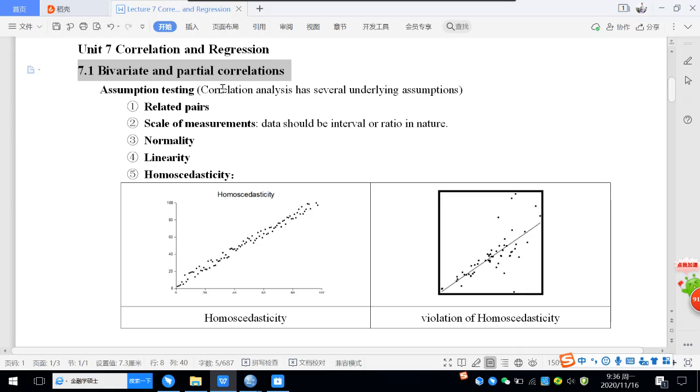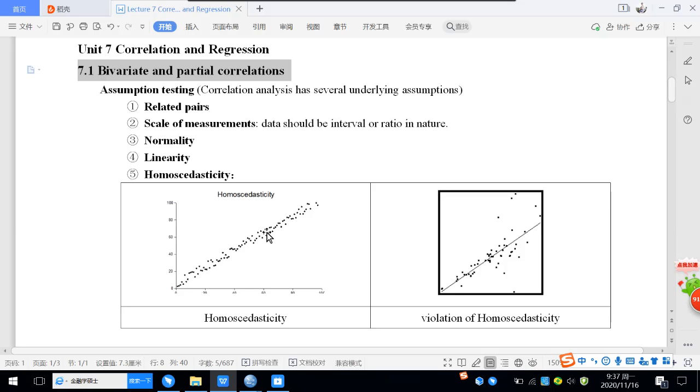The bivariate test is a correlation analysis. It also has several underlying assumptions. Firstly, the data should come from related pairs. For example, here are the samples.